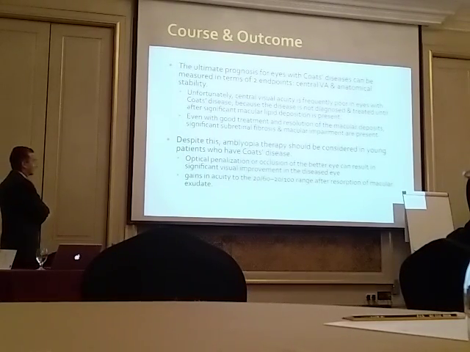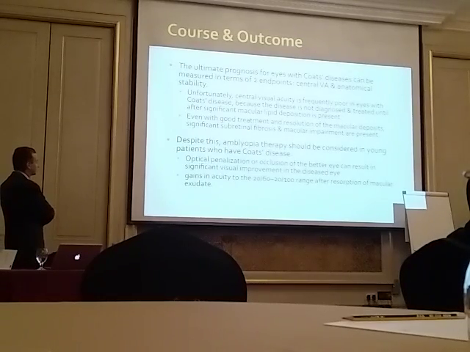In eyes with advanced Coats disease, the visual acuity is usually poor because it's not diagnosed on time and not treated until significant damage is there. You know, those are patients who get referred because of a tumor-like change.